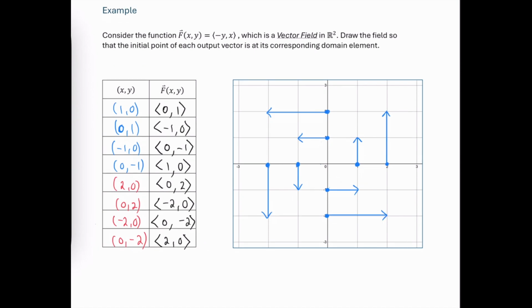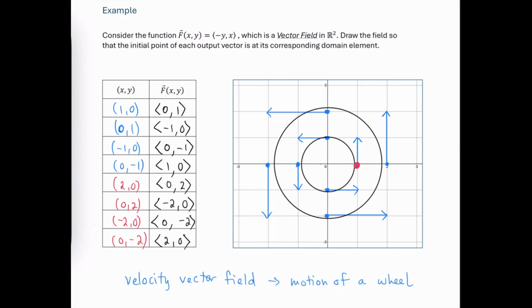Now this is a vector field that could be considered a velocity vector field that represents the motion of a wheel. If we think about a point on the inner rim of a wheel, this velocity vector could represent the direction of motion, but also the length of this vector, or the magnitude of this vector, would represent the speed of that object at this particular point. When the object is located in this position, it's traveling in this direction, again with that same magnitude or that same speed.